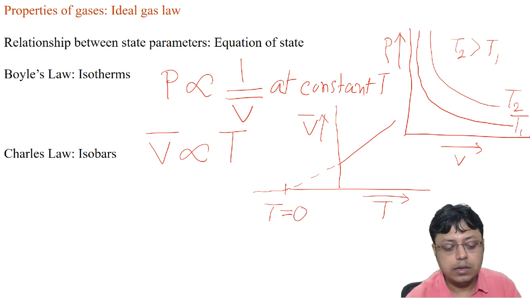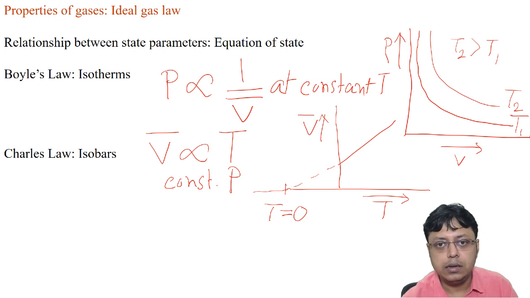Now this law is valid for a constant pressure. So similarly, just like Boyle's law, we can also plot Charles' law at varying pressure. So here I have plotted Charles' law at two different pressures, P2 and P1, where P2 is greater than P1.